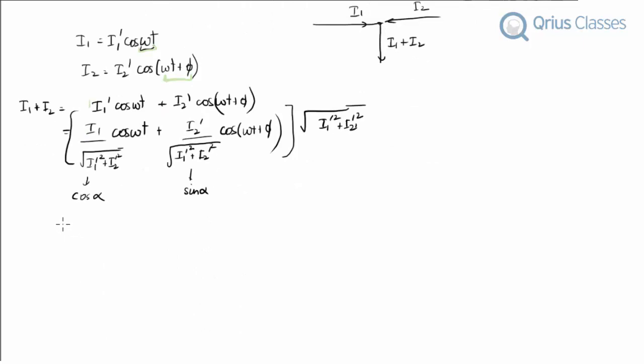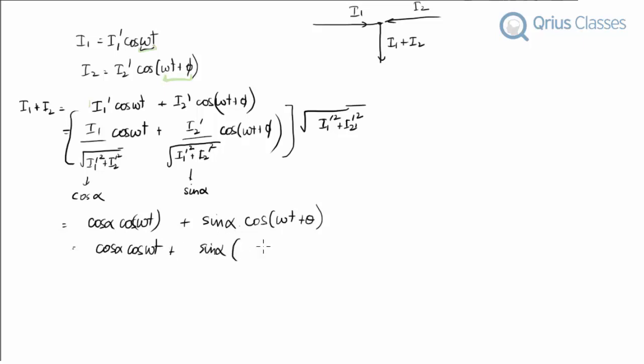So I can directly write this as cos alpha cos of omega t plus sine of alpha cos of omega t plus theta, right? So this is cos alpha cos omega t plus sine of alpha bracket cos omega t cos theta minus sine omega t sine theta.